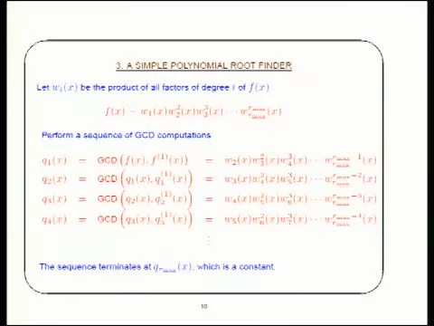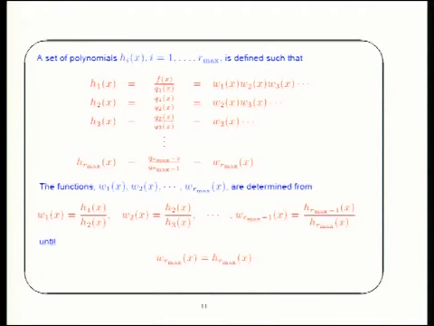So I do all that, and then I perform a sequence of polynomial divisions to get the polynomials h. Remember the q_i were the GCD calculations from the previous slide.